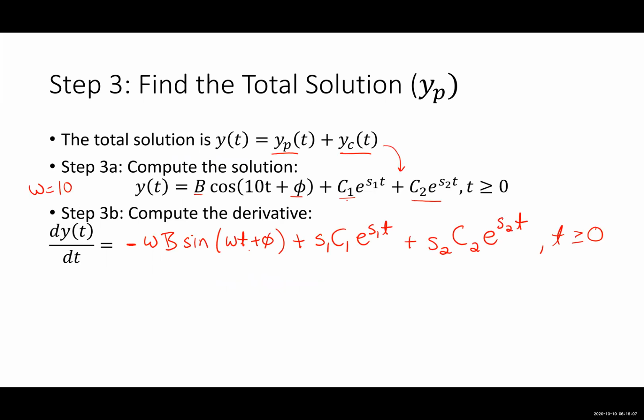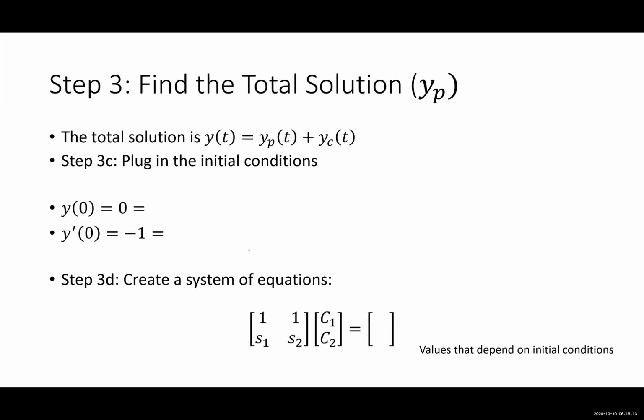So here you can see the original equations. I'm going to write it like this. This looks like the particular solution evaluated at 0 plus, let me just write it this way, yp of t plus c1 e to the s1t plus c2 e to the s2t, right?